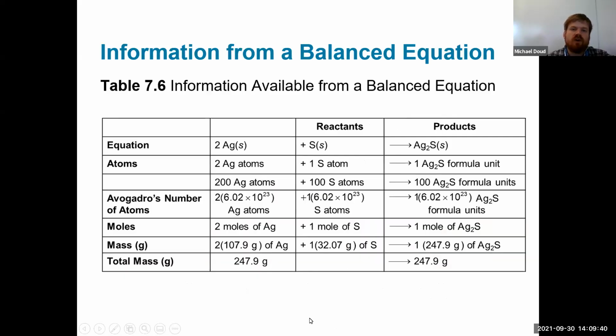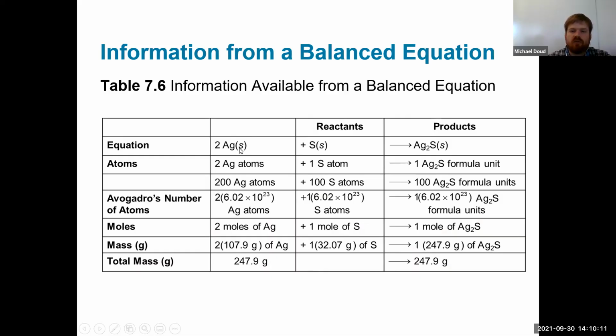Okay, so here are the types of information that we can get from a balanced chemical equation like this. We talk about it often in terms of the number of atoms. So it's easy to say, 2 silver atoms react with 1 sulfur atom to produce 1 formula unit of silver sulfide. You could also say just as easily that 2 moles of silver atoms react with 1 mole of sulfur atoms to produce 1 mole of silver sulfide.